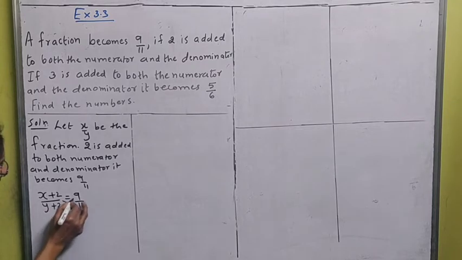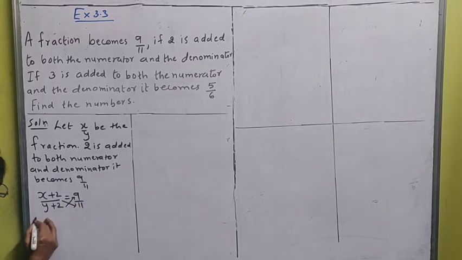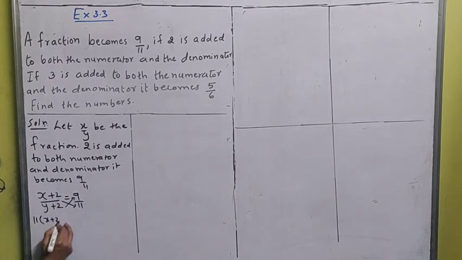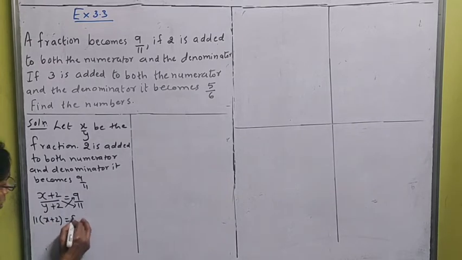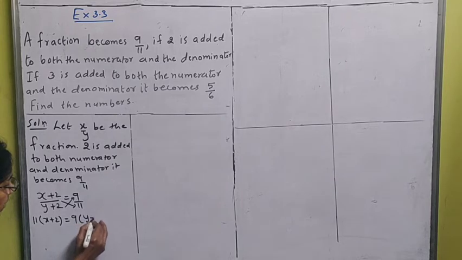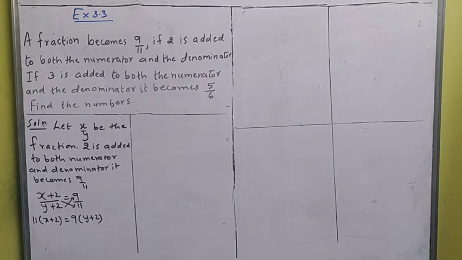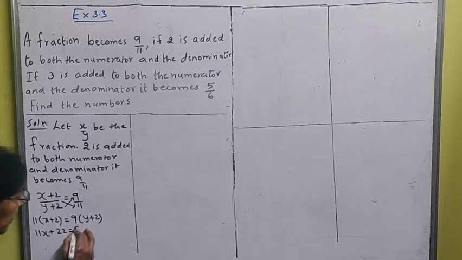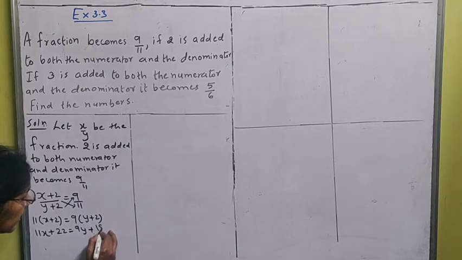So what shall we do? Cross multiplication. So 11 in the bracket, x plus 2 is equal to 9 in the bracket, y plus 2. So we take out from the bracket. 11 into x is 11x plus 11 2s are 22 is equal to 9 into y is 9y plus 9 2s are 18.